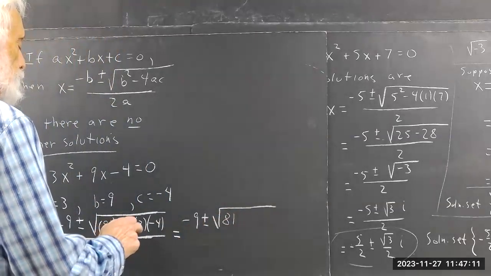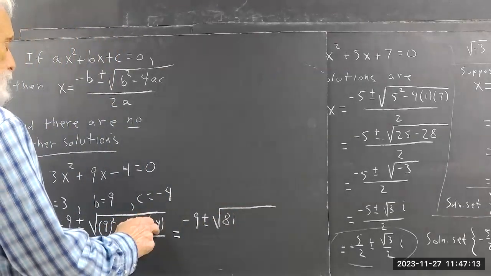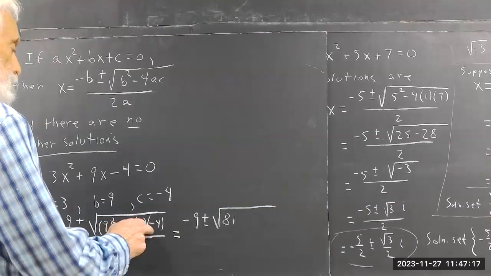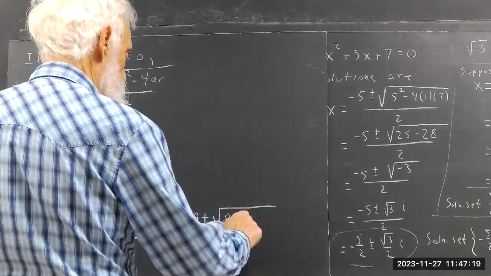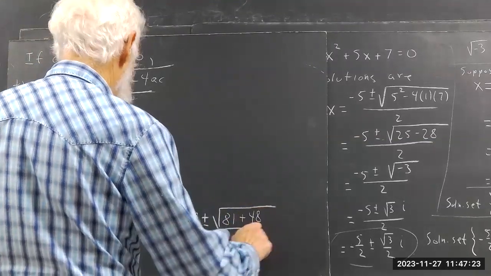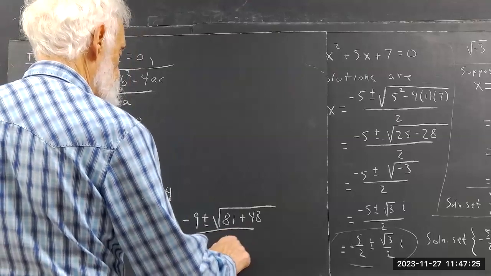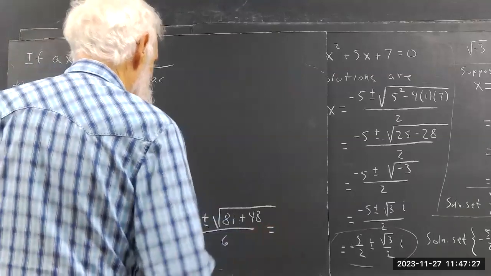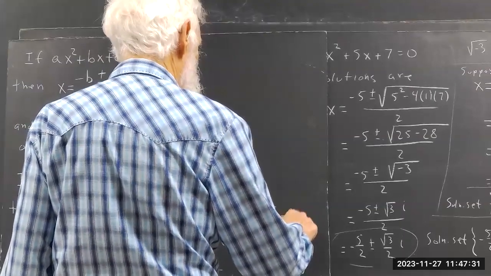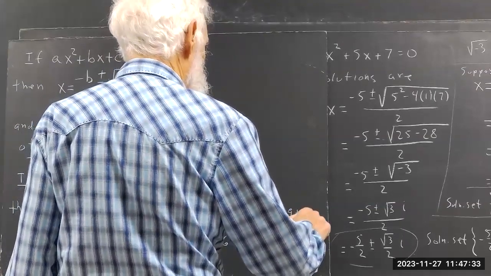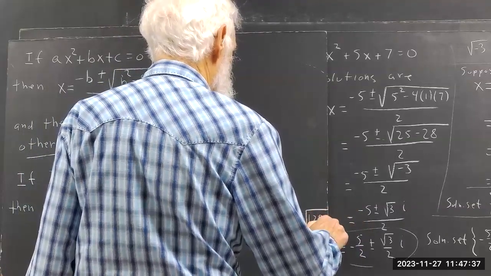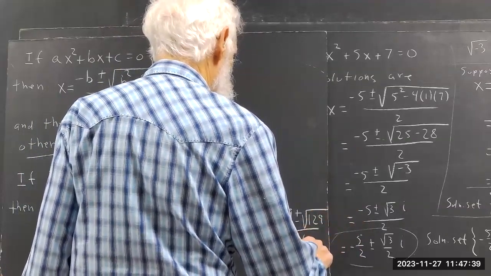And 4 times 3 is 12, and 12 times -4 is -48, but we got a minus here, so it's plus 48. And 2 times 3 is 6. So this equals -9 plus or minus the square root of 129 over 6.